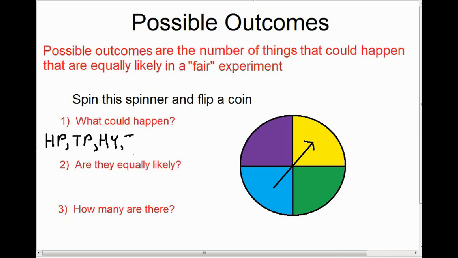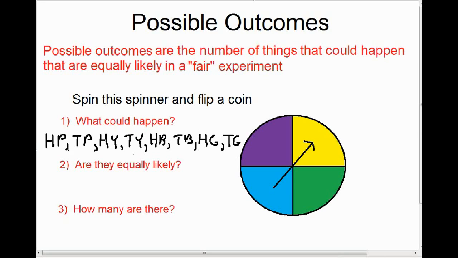Or tails with yellow. We could get heads with blue. Or we could get tails with blue. And finally, we could get heads with green on the spinner, or tails with green.